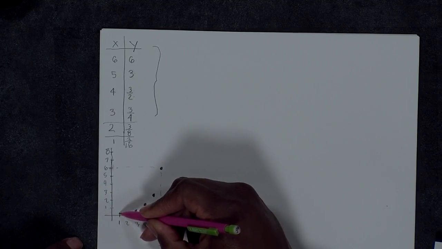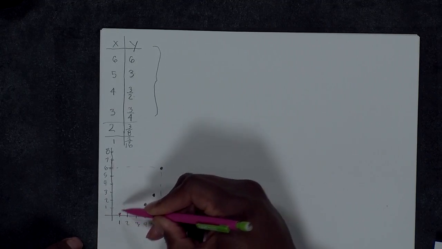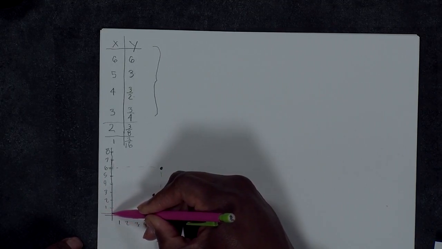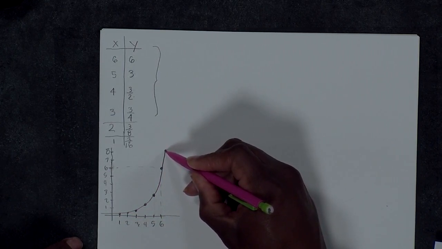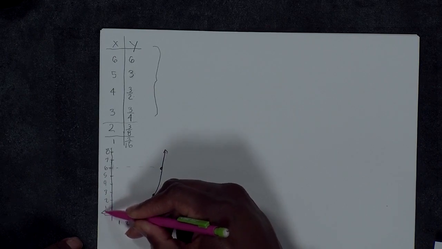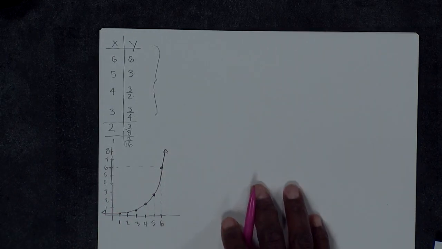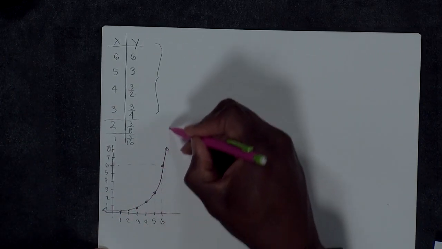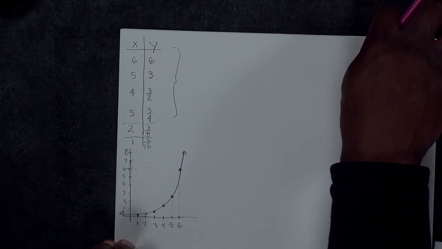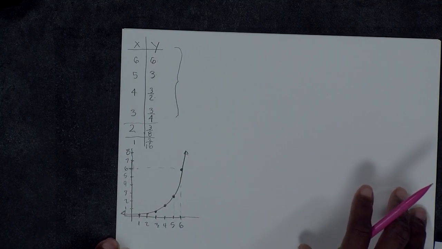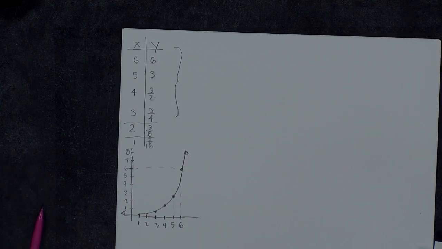Lower and lower and lower. So what we have here is called exponential growth. There are things that grow very rapidly. Some would say when we were in the pandemic, there was an exponential growth for a season.